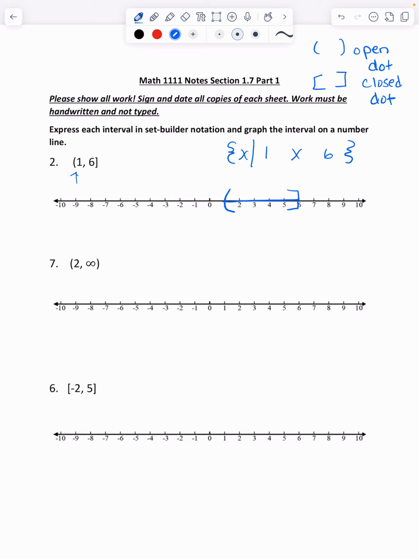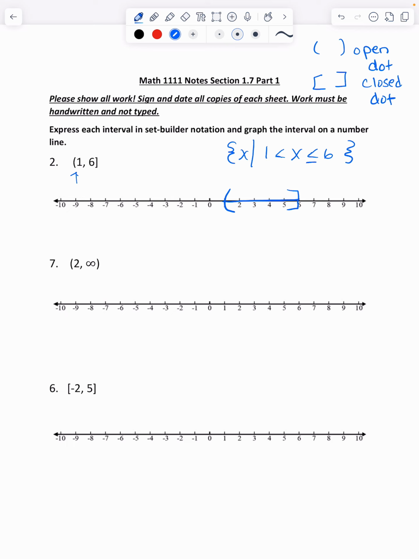Because 1 had the parentheses, which means not equal to, these are always going to be less than or equal to signs, depending on whether it's a parentheses or a bracket. So 6 would be a less than or equal sign because of the bracket. The 1 only has a less than.